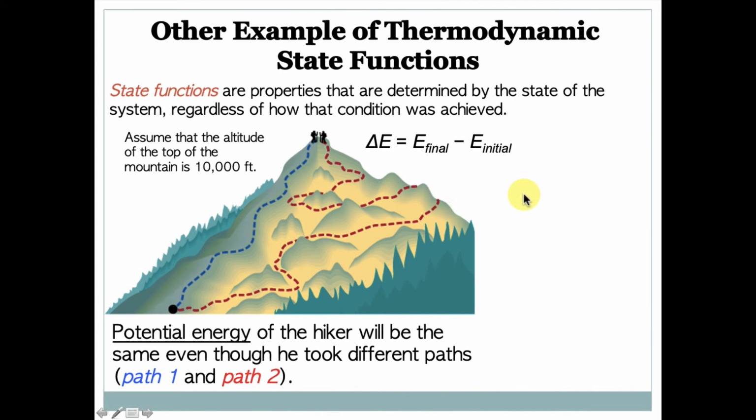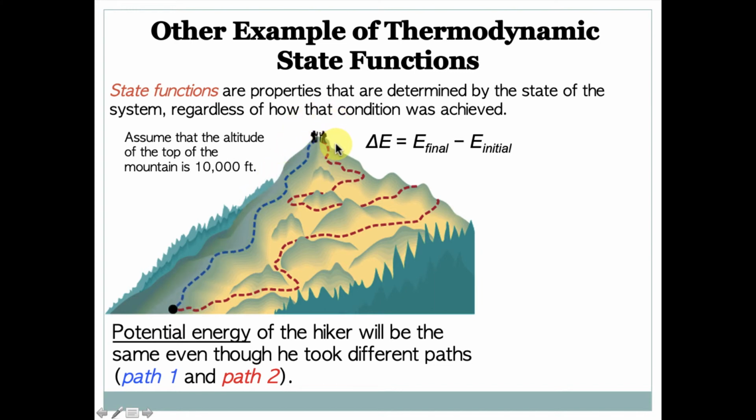Now, when we are doing calculations, calculating state functions is a lot easier than calculating non-state functions. To calculate the altitude of this hiker when he's at the top of the mountain, the only thing you need to know is where he is starting from and where he's ending at.